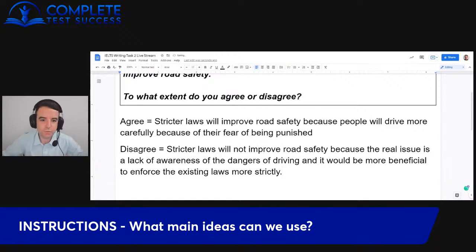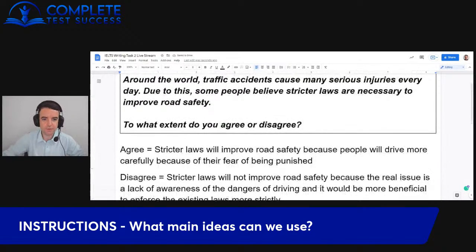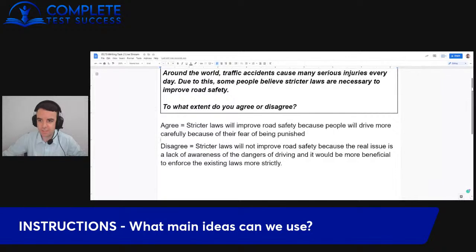All right, I've changed the wording because it just makes it a bit clearer what our response is.